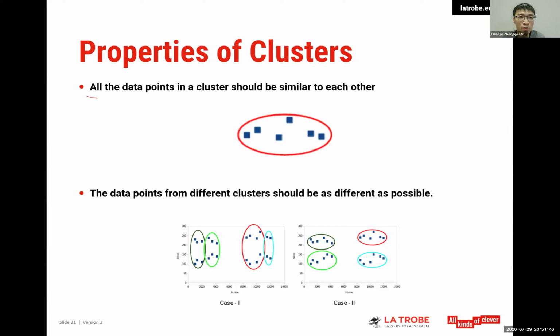These two are our expectations for the output of the clustering result. So it represents some ideal expectation from the model. Comparing case one and case two, which one do you think is a better clustering result?